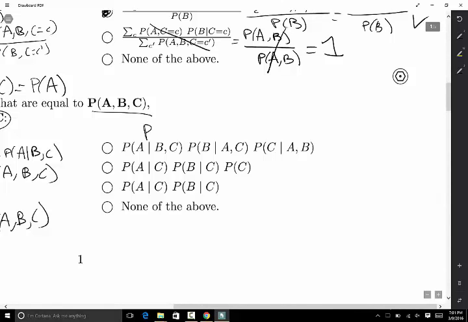To simplify this, we can see this is probability of A, and that this is probability of B given C, and that this is probability of C given B, which is not equal to the probability of A and B and C.